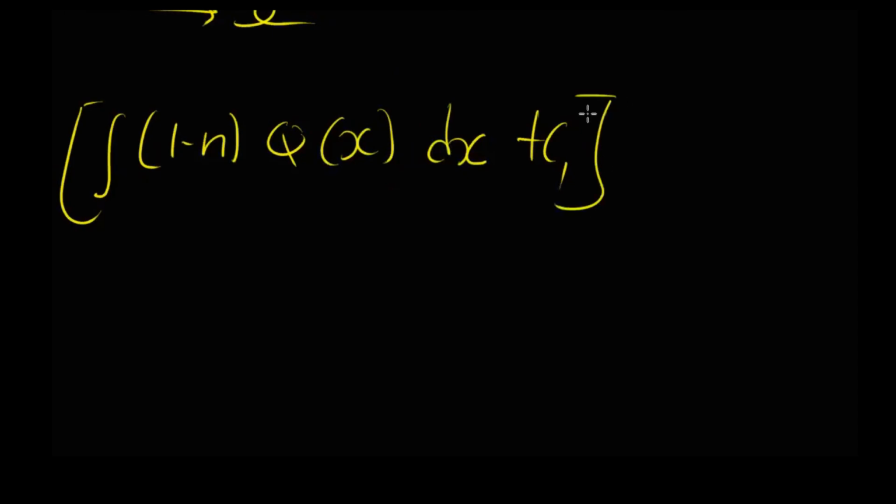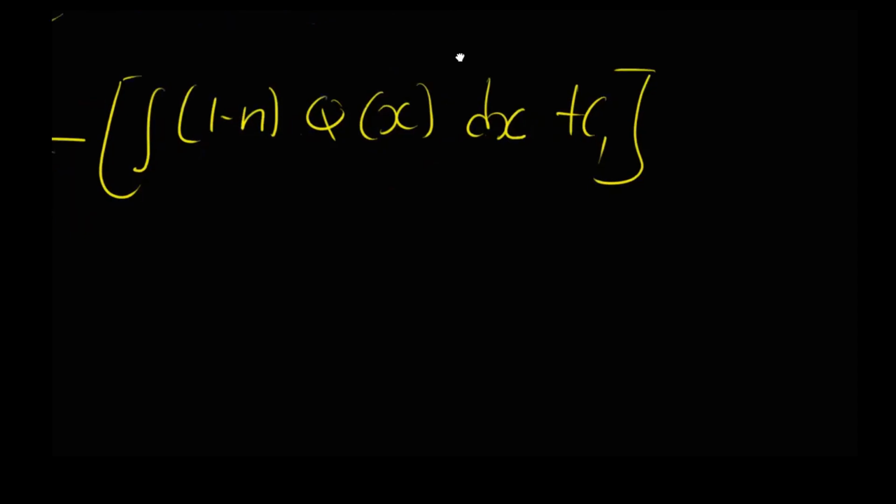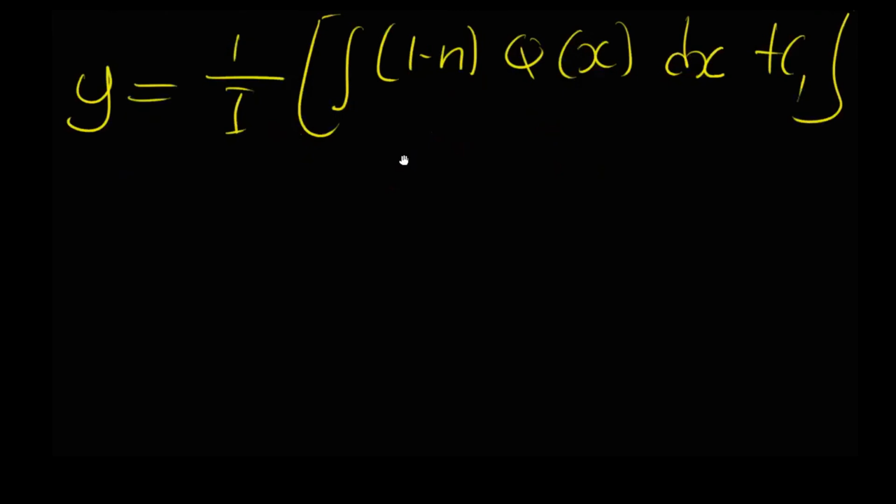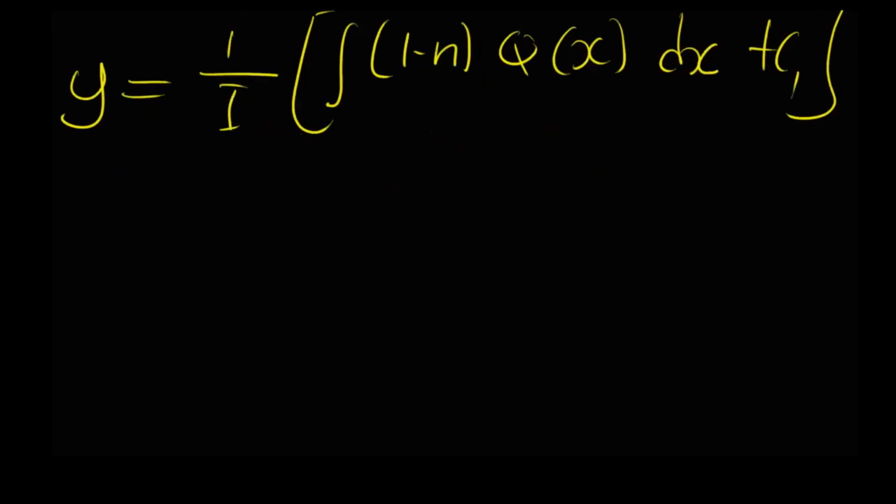Now let's substitute into this formula. This is the general equation. That means after this, you are finished. It will still be 1 over x, the same, since we said our integration factor is x. Then you have minus 1 times x, which is minus x, since q of x is x.